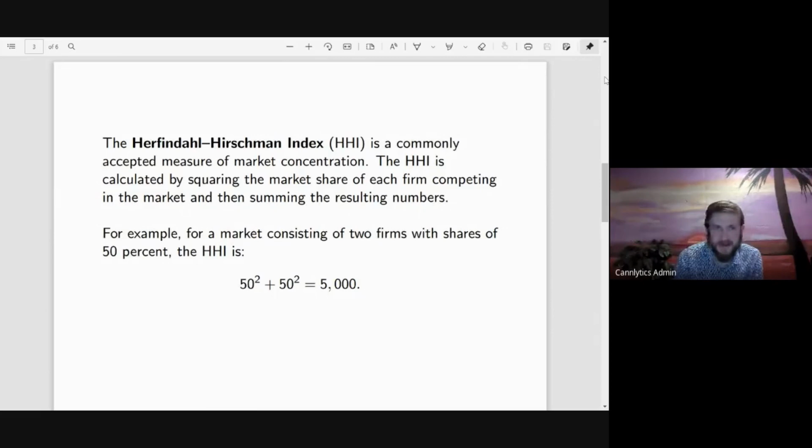It's simply the sum of the squares of all market shares. For example, if there were two firms in the market and each had a 50% market share, think Coca-Cola has 50% and Pepsi has 50%, then you would have a Herfindahl-Hirschman index of 5,000.